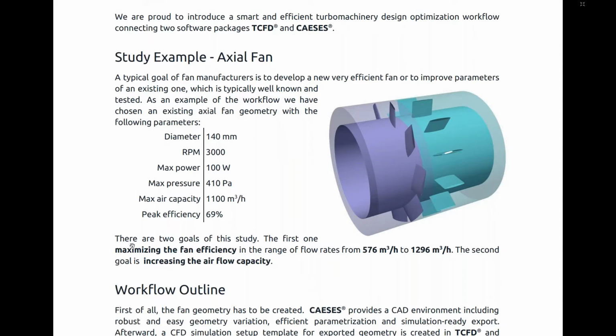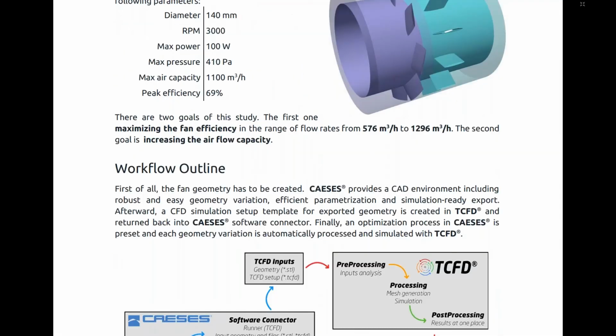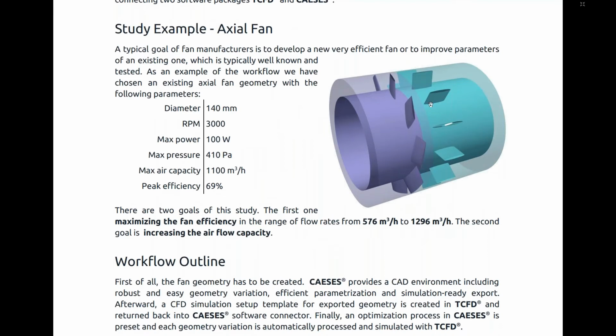So our task is maximizing the fan efficiency in the new range of flow rates. The original maximum air capacity was 11 cubic meter per hour, and we would like to increase the efficiency in a wider range of flow rates. So this will be our goal.